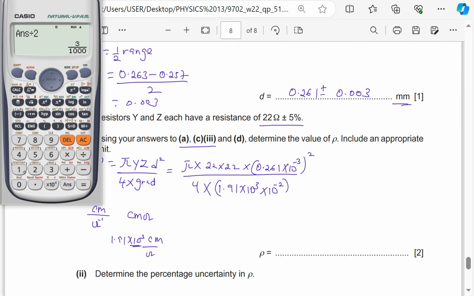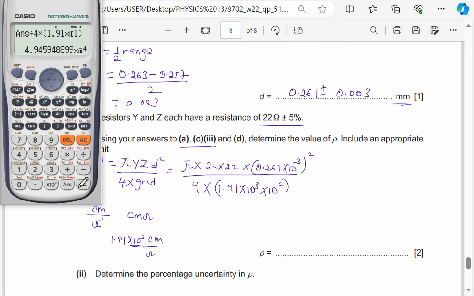So this is going to be pi times 22 squared times open brackets 0.261 exponent minus 3, but this is squared, divide by 4 times open brackets 1.91 exponent 3 times exponent minus 2, it becomes exponent 1.